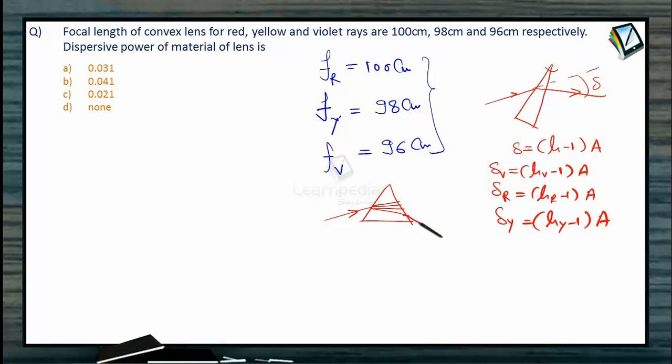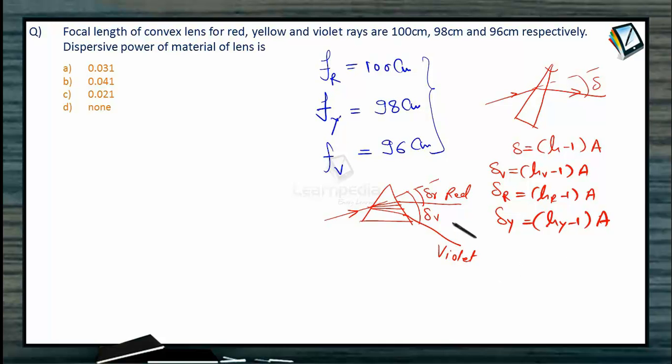The highest bending is for the violet color and the lowest is for the red. These colors are deviated by different angles depending on their refractive index. Violet has the maximum refractive index, so it suffers the maximum deviation.